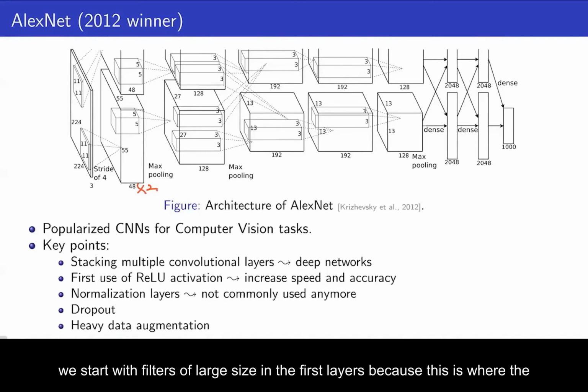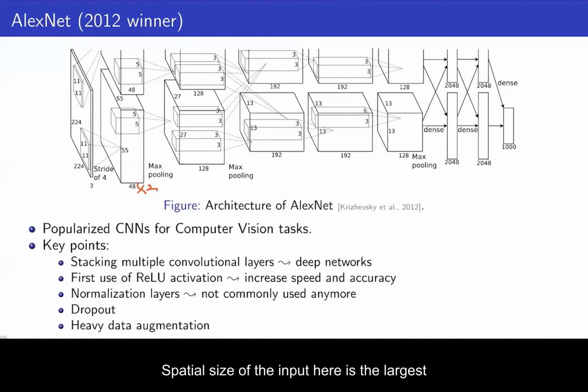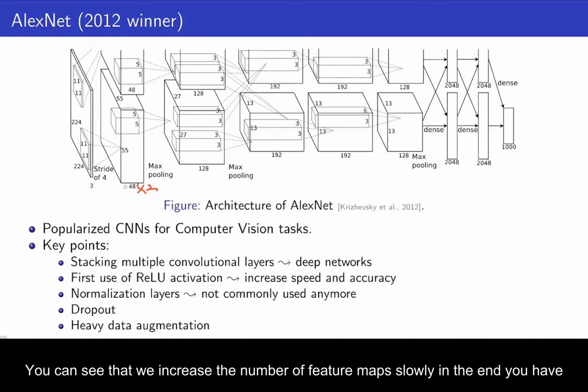We start with filters of large size in the first layers, because this is where the spatial size of the input is the largest. Then as we go deeper, the spatial size reduces in the network, and as we reduce the spatial size, we slowly increase the number of feature maps.